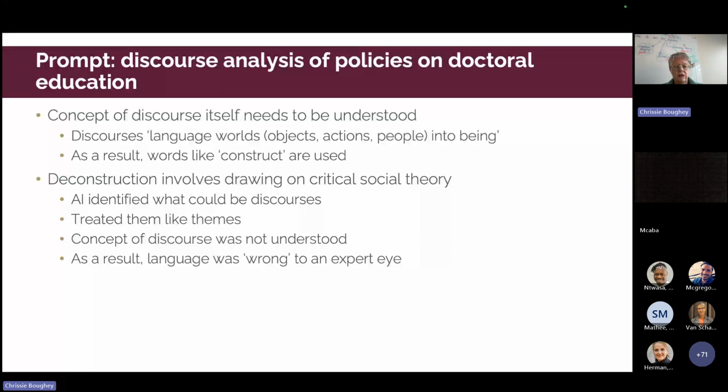And what these ideas do is they literally bring things into being. They bring an object or an action, they bring people into being. And so as a result, words like construct are used. So a discourse constructs something.